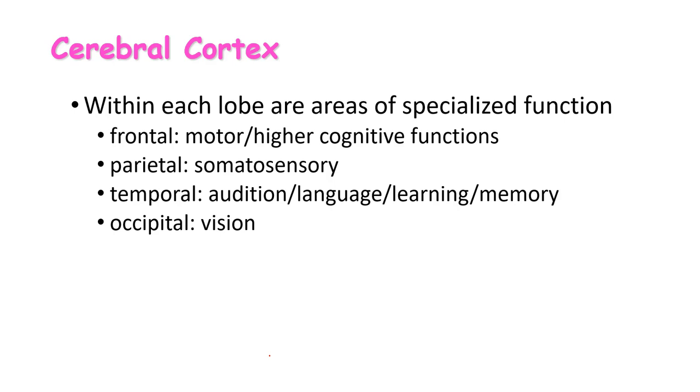I've pointed them out in this image, but here they are in greater detail as to what they do. Within each lobe, there are specialized areas of function, but you have to understand also that these divisions are not exclusive, that there might be bleeding over of a function into other lobes as well.